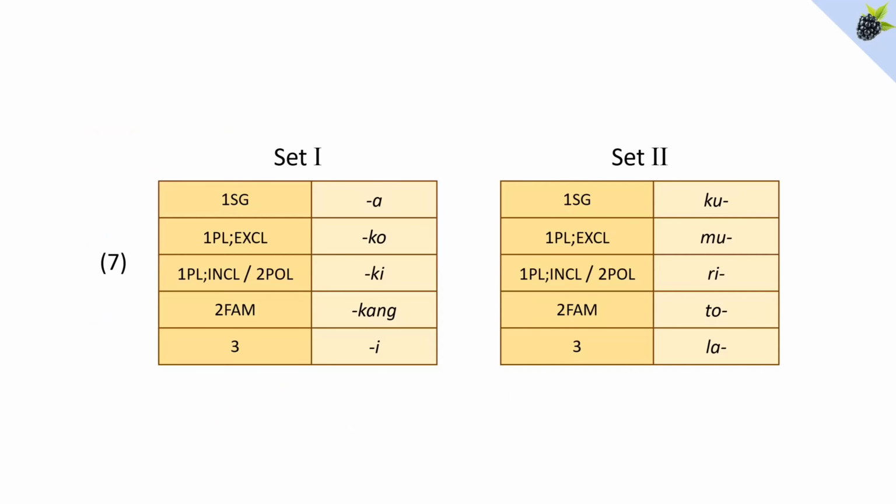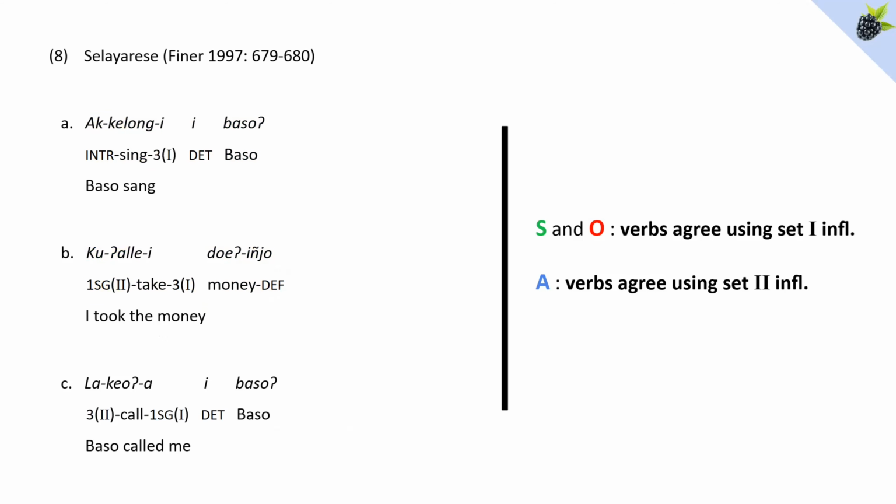As was the case in Swahili, in Selayarese there are two different sets of agreement inflections. Keeping that in mind, let's examine the data in 8a. Baso sang, I took the money, and Baso called me. From 8a and 8b, it seems that verbs take inflections from set 1 to agree both with S arguments and with O arguments. When it comes to A arguments, however, it seems that verbs use inflections from set 2.